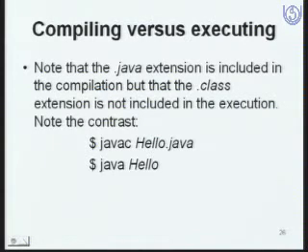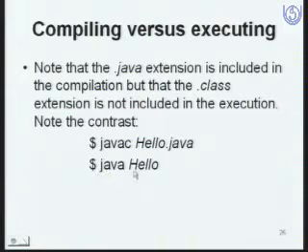For example, this javac is used for compiling a particular program, and with it you have to provide hello.java. This extension has to be there, otherwise it won't compile. And another is java hello.